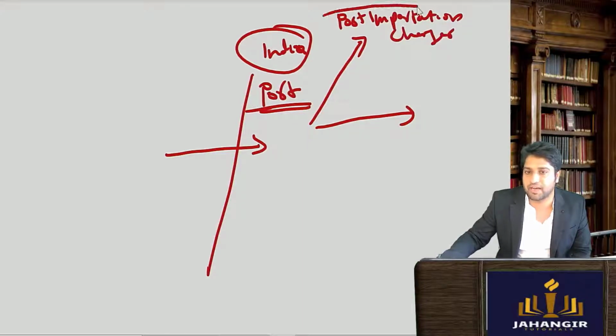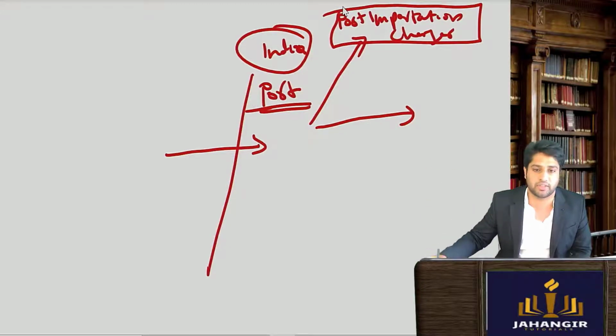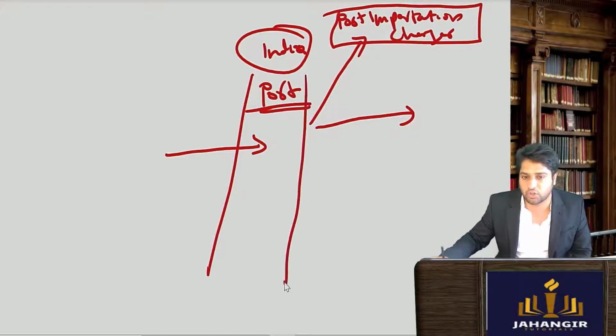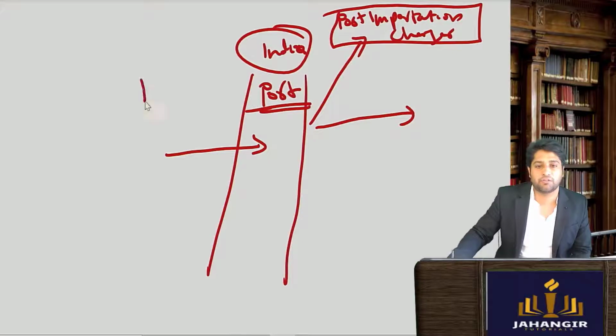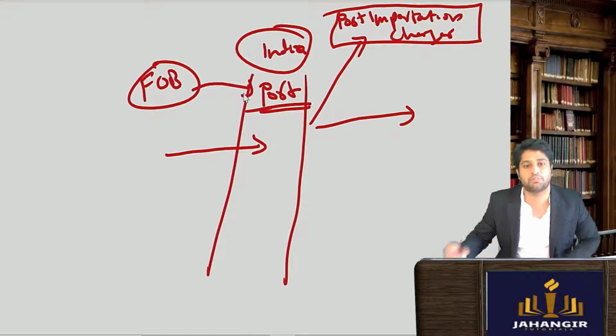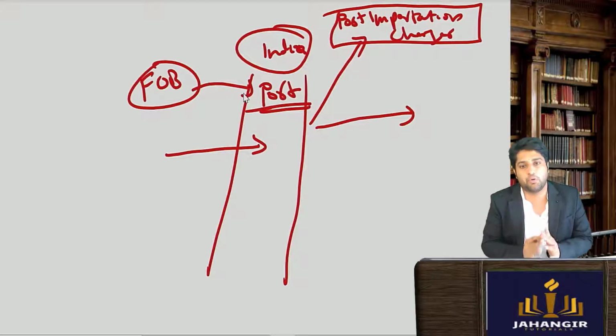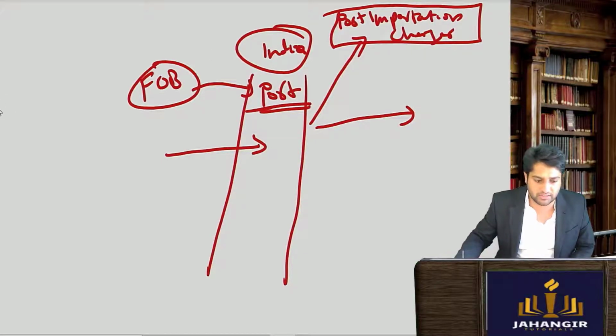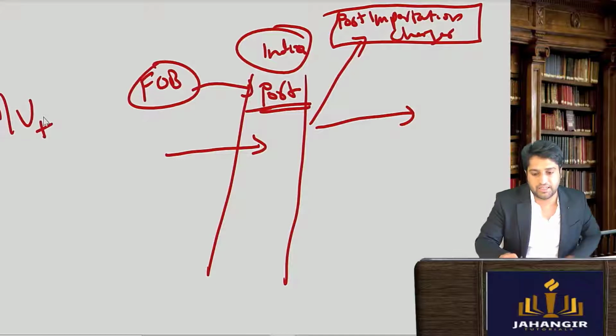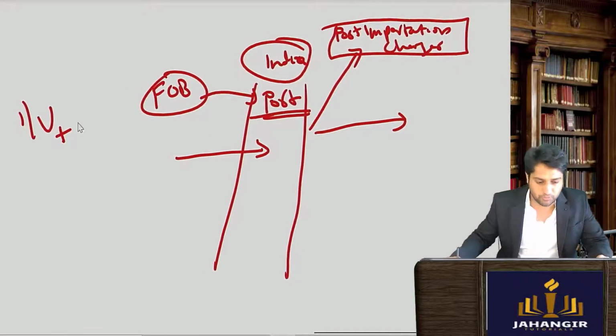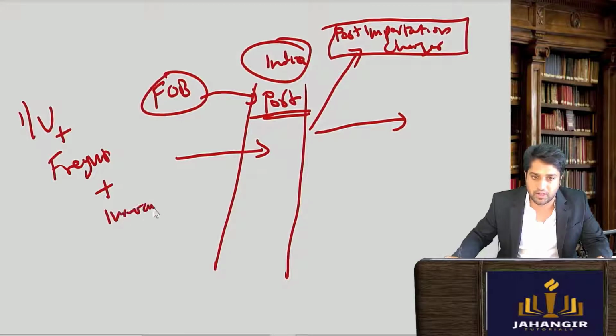Once the goods have come into India, whatever expenses happen from the port to anywhere inside India are not counted. We just want the cost till this point, till the free on board. Only expenses till the port are wanted. So we take the invoice value, the cost of transport, freight, plus insurance, all of this cost till the port.